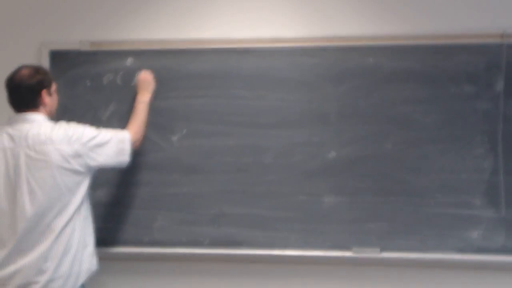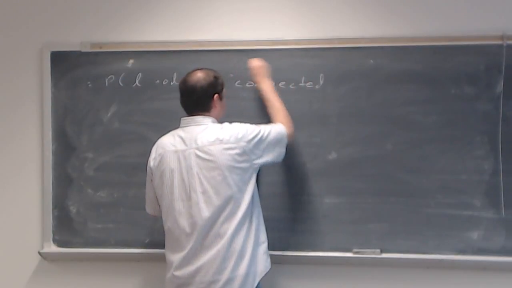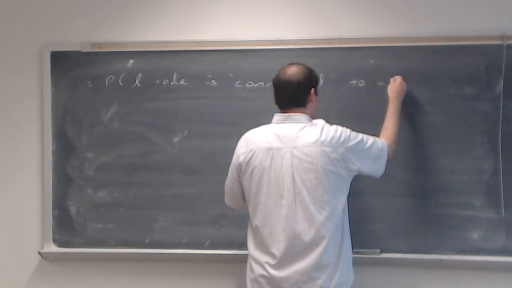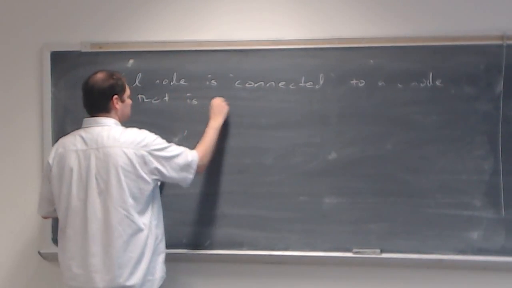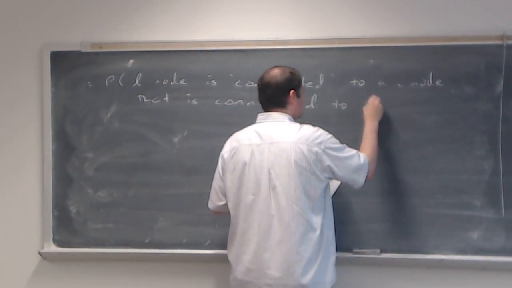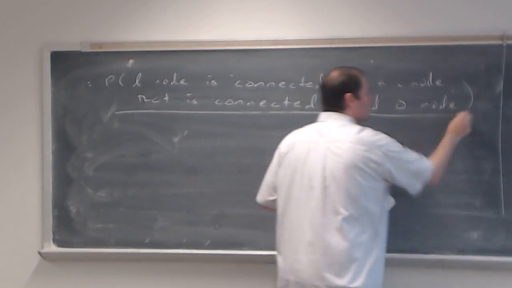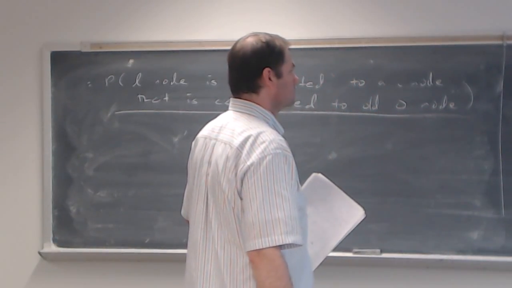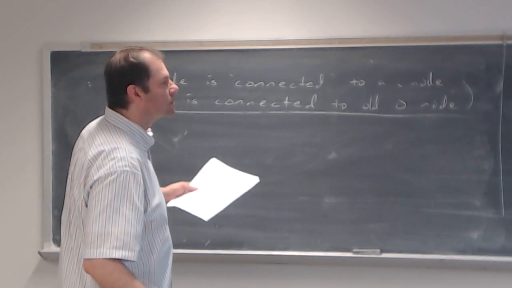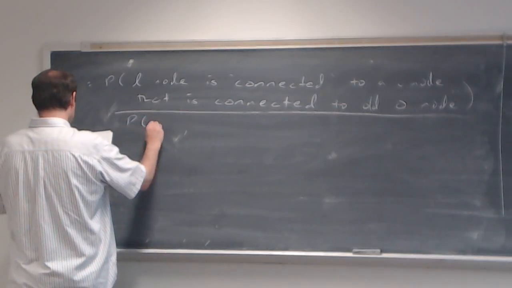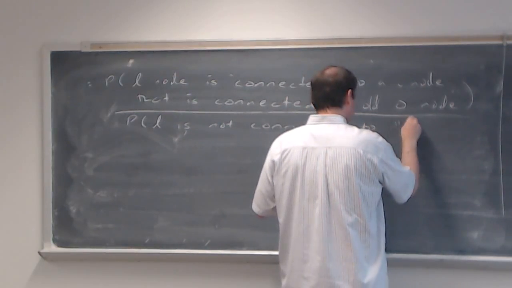That's equal to the probability that the L node has an arc to an I node that is connected to the old zero node, over the probability that L is not connected to the old zero.